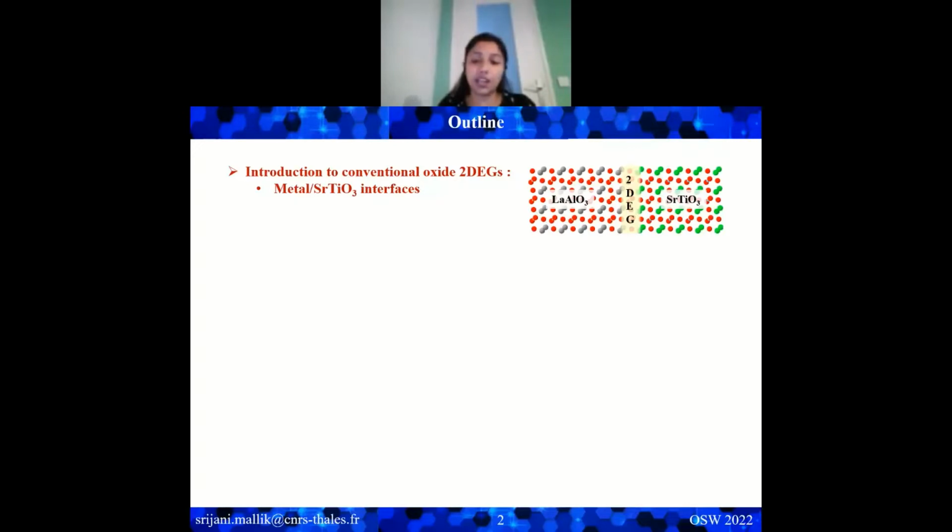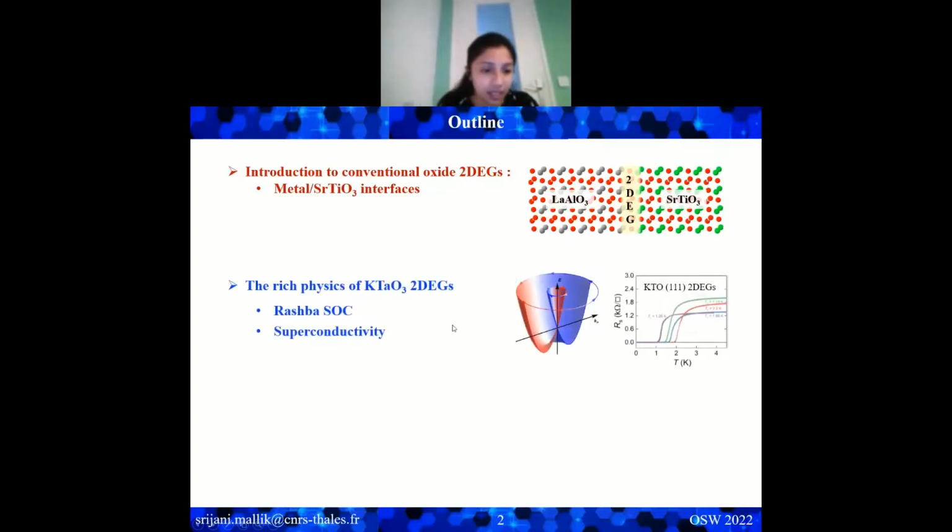Further, I will discuss spin and charge interconversion in a comparatively newer family, which is the potassium tantalate based 2DEG.